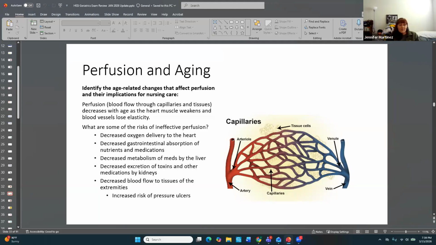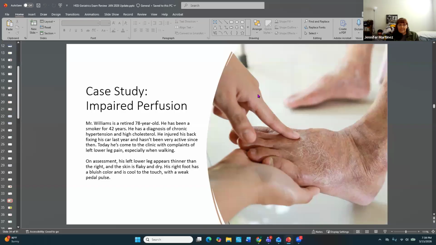We're not getting adequate blood flow. Decreased excretion of toxins and other medications by the kidneys, decreased blood flow to the tissues of the extremities, which then also increases the risk for pressure areas. So if we don't have good blood flow to those areas, all of those things can happen.